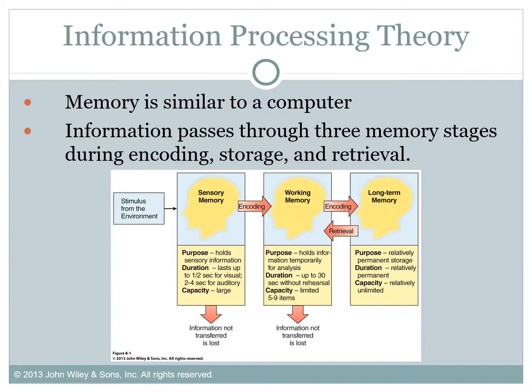Your visual sensory memory, for instance, only lasts for about half a second, whereas your auditory sensory memory lasts for about 2 to 4 seconds. This is actually really important. Without this half a second visual sensory memory, you wouldn't be able to watch television. Television is a sequence of still images that happen very, very quickly to give the illusion of motion, and we'll get more into that in sensation and perception.